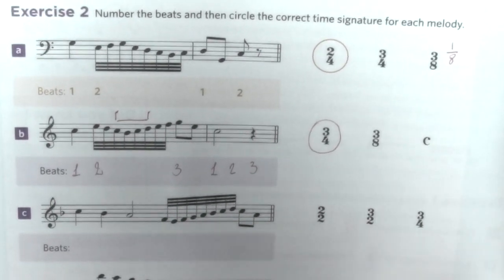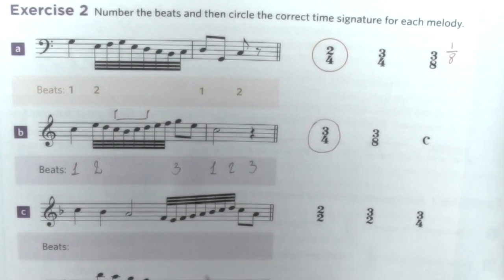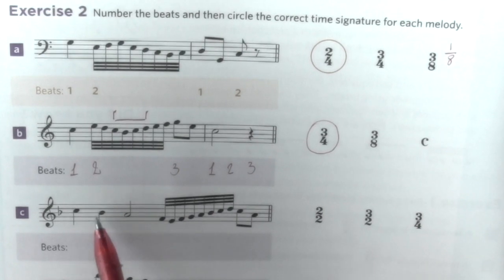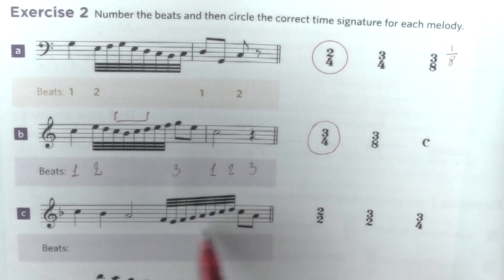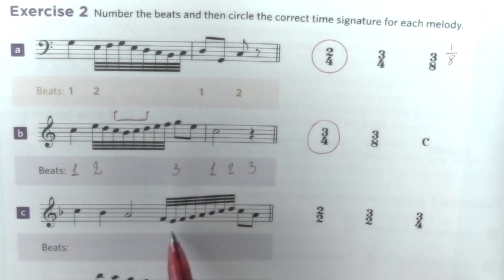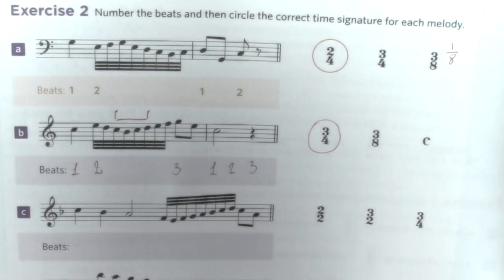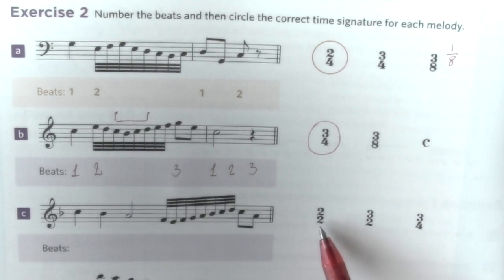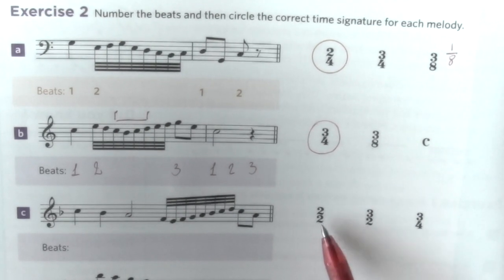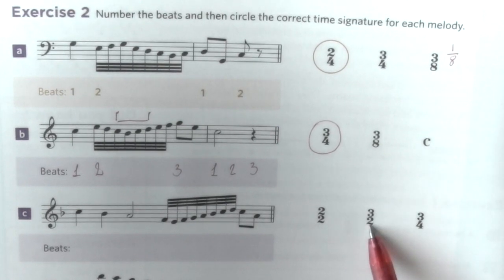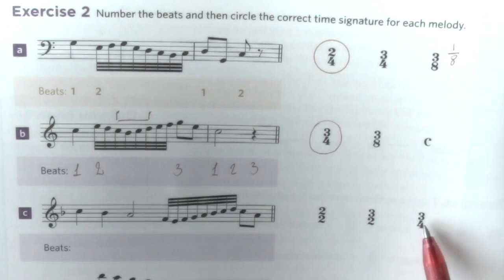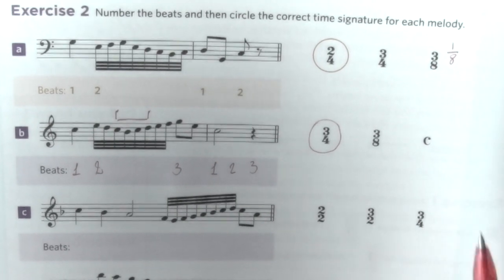In the third example, we have just one bar and it's quite long. So let's analyze it. We have 1, 2, 3, 4, 5 and 6 crotchets. Our options are 2 halves, that means 2 minims in a bar, 3 halves, 3 minims in a bar, and 3/4, 3 crotchets in a bar.